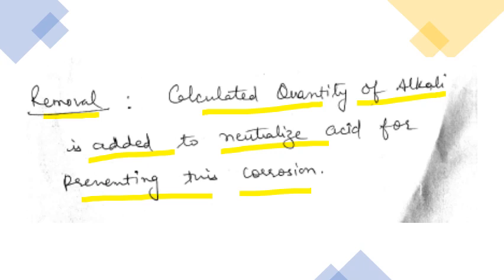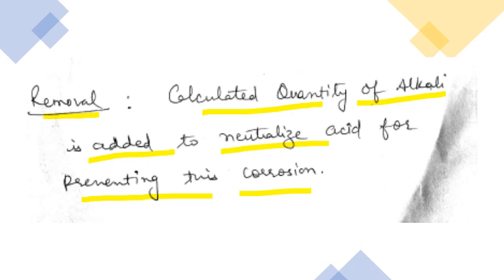This is an important control measure, and this is the only solution you have for the removal of the mineral acids. Understood? So the mineral acid responsible for boiler corrosion can be minimized only by adding a calculated amount of alkali to neutralize it.